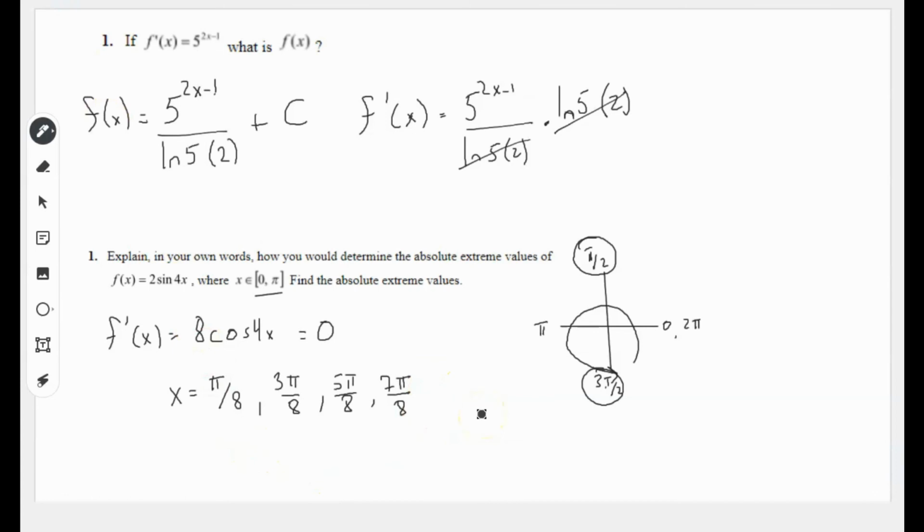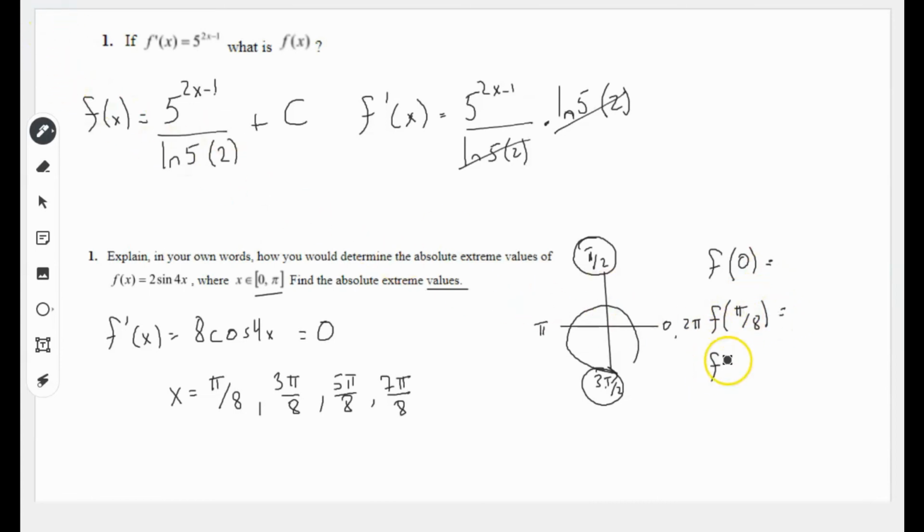All right. So this is where the extreme values are going to occur. It says the absolute extreme values, so we can also look at 0 and pi as well to see what those values are. But we do have to test those values. So we're going to need to figure out what the function is, say at 0. We're going to need to figure out what the function is at pi over 8, and so on, and so on, and so on.